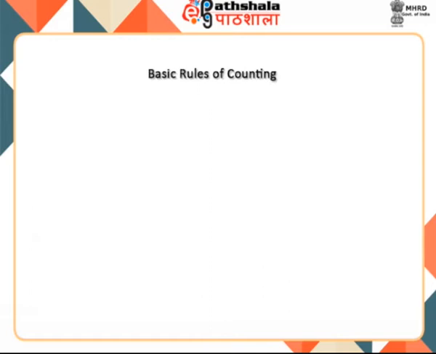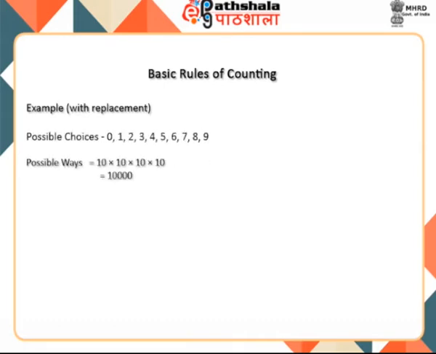Now consider an example of selecting elements with replacement. Suppose you want to choose a 4-digit PIN code for your debit card and each digit takes a number from 0 to 9. Then the first digit has 10 possible numbers to select from, and so have the second, third, and fourth digits, with replacement.